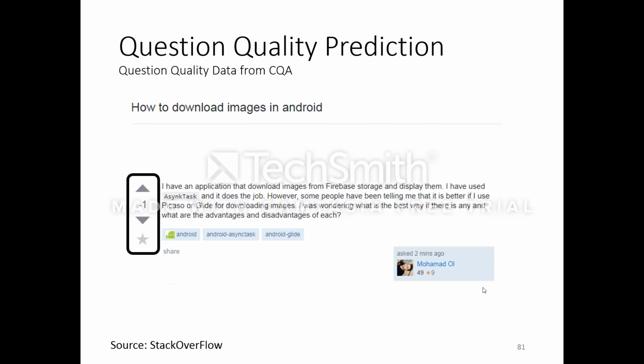And there is a way, in Stack Overflow at least, for users to rate the question. So you can thumbs up and thumbs down against the question by indicating that it's well phrased or not so well phrased, or very friendly towards an answerer, or not very friendly towards an answerer, etc.